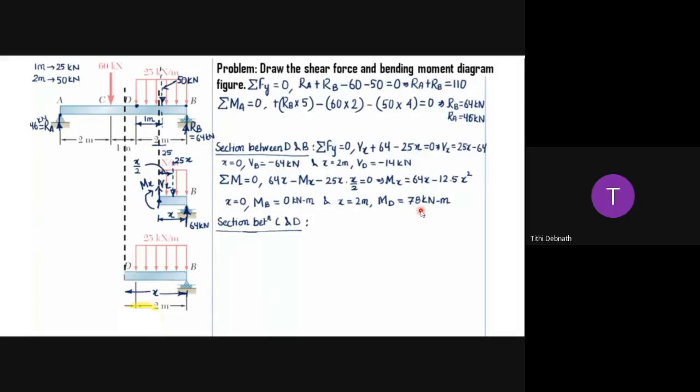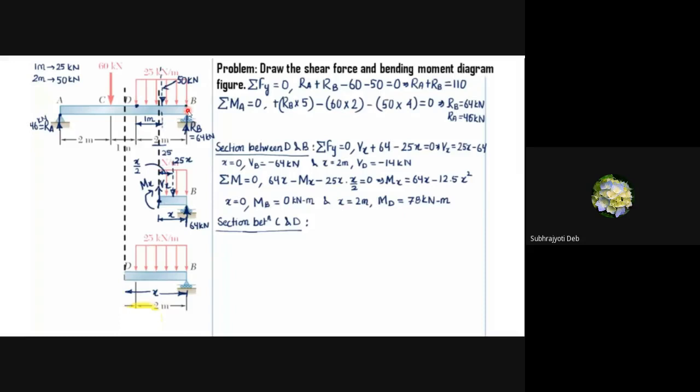Sir, how have we written here x equal to 2 and here x equal to 0? We are taking x is equal to 0 because what is our objective? Our objective is to find the moment at point B and point D, isn't it? So what is the distance at point B?